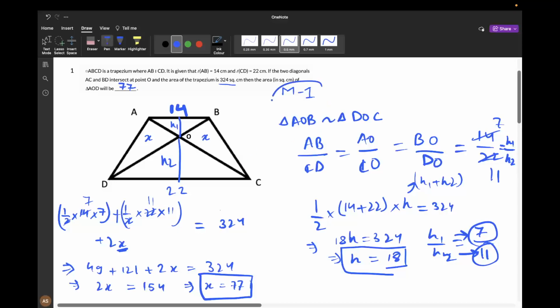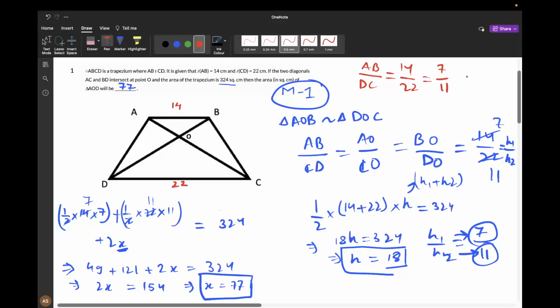Now this was method one. Another method, or you can call this a shortcut method, a trick, is to reduce the ratio of the parallel sides to its base form. So AB by DC is 14 by 22, or in the shortest form, it is 7 by 11.